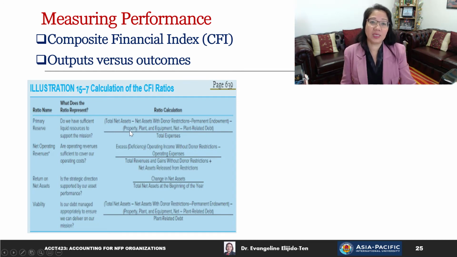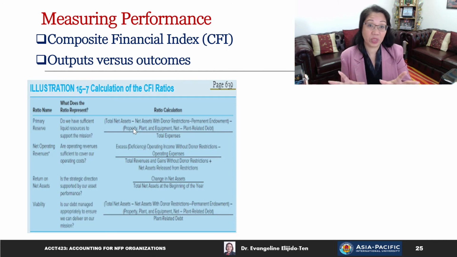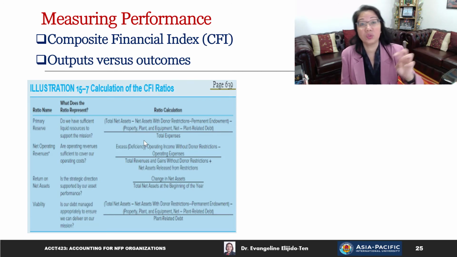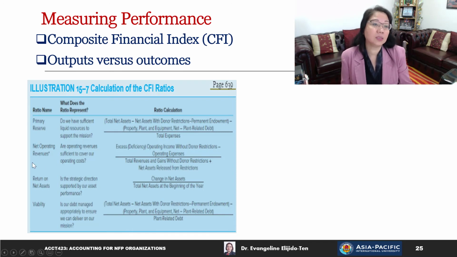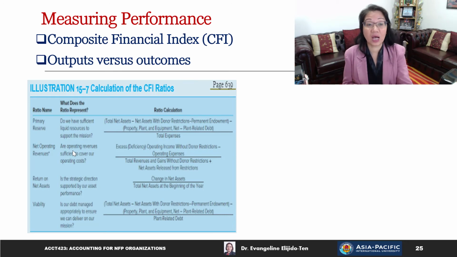Whilst the formula is quite long, what you really want to know here is liquid resources, the resources that you could use, those without donor restrictions and those that are not in property, plant, and equipment, and you are dividing that by the total expenses because you want to know whether you have enough liquid resources to pay for your expenses.